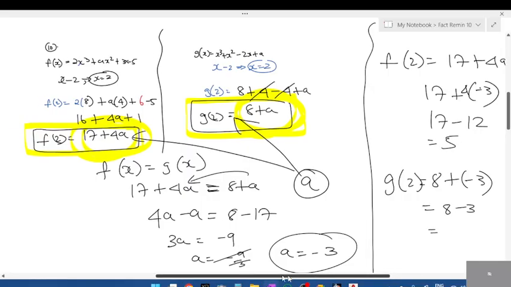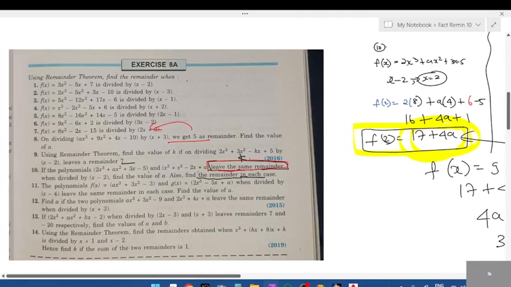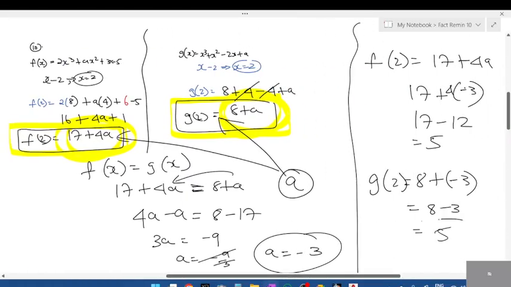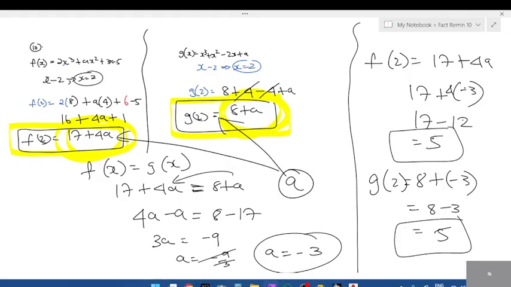According to the statement, what have they given? Leaves the same remainder. The remainder is the same now. This is the meaning. That is what they've told. It leaves the same remainder, but they didn't give us the value, students. We found the value.